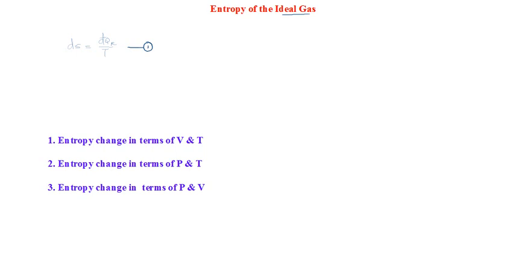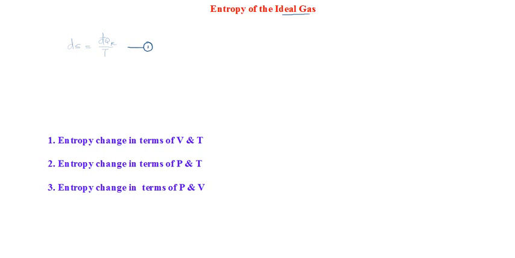First, an expression for the entropy change in terms of the volume and temperature, getting rid of the pressure. In another case, in terms of the pressure and temperature, devoid of the volume. And in the third case, in terms of the pressure and volume, devoid of temperature.